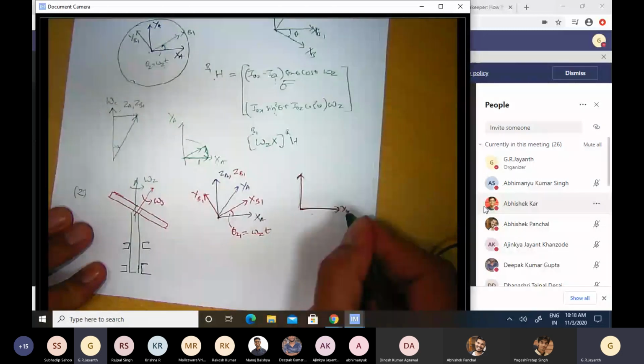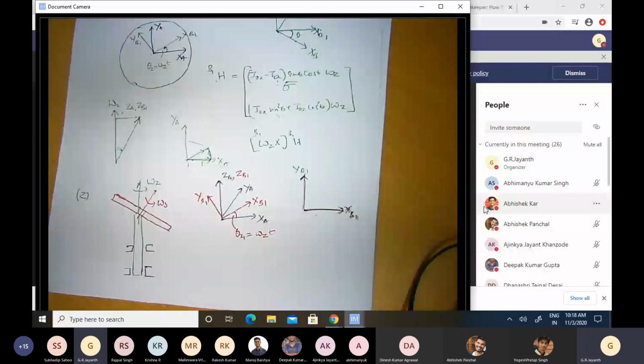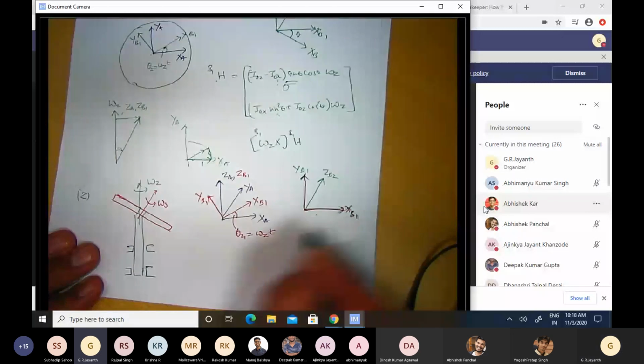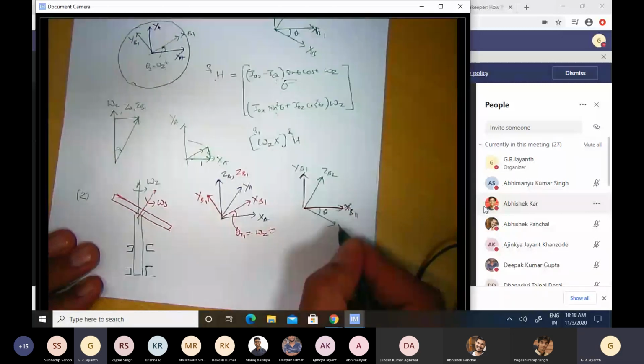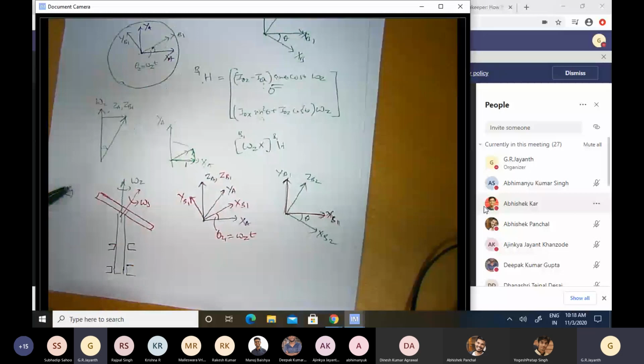This is yb1. The second intermediate frame had its z-axis aligned with the surface normal of the plate. So that was zb2, and xb2 was similarly tilted at a constant angle with respect to the B1 frame. The third reference frame was the frame that rotated with the plate, fixed to the plate.